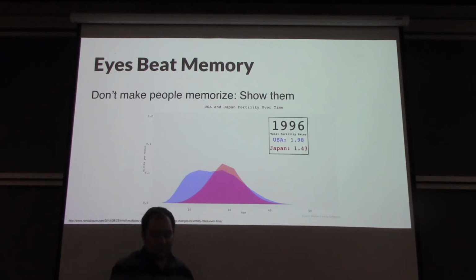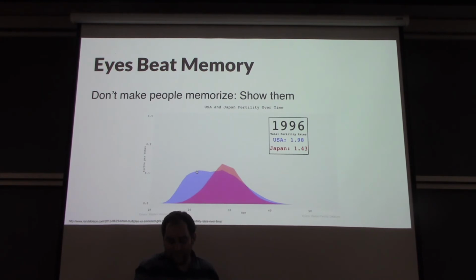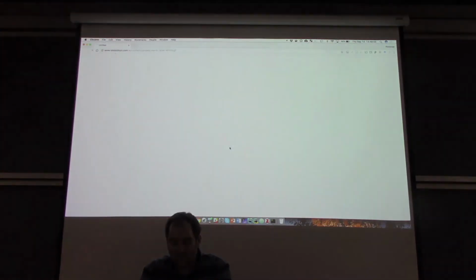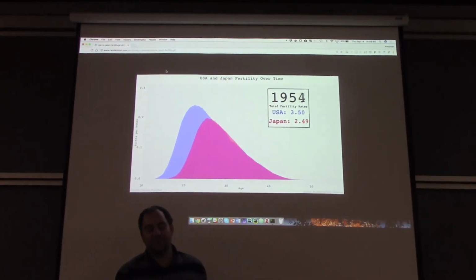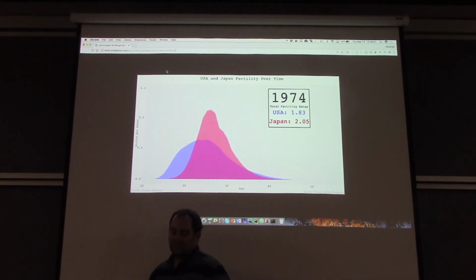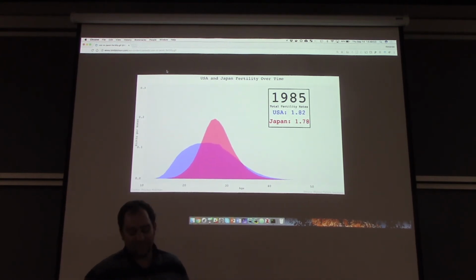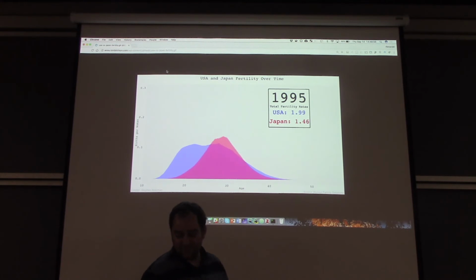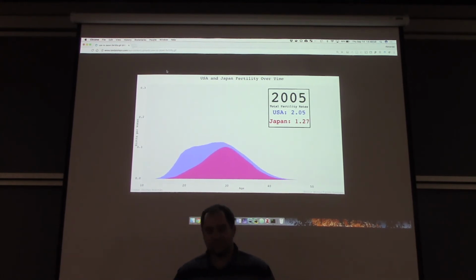We can see that in the United States, around 23 was the peak in 1996 when women had their children, whereas in Japan it was roughly at 28. But this is an animated chart that actually shows this over time, so we see this move from the 1950s to recently.